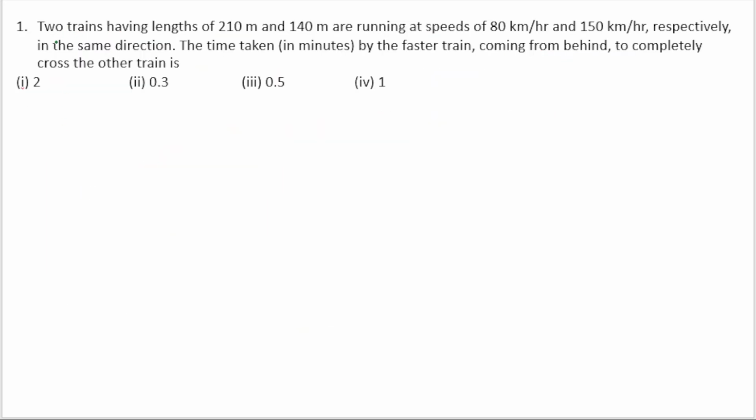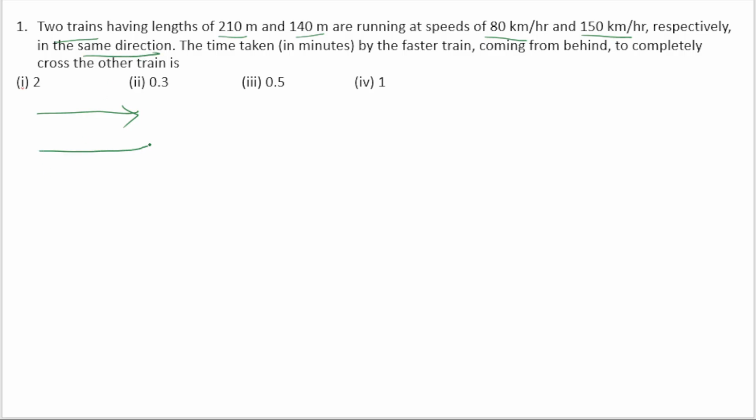First question: two trains having lengths 210 meters and 140 meters are running at speeds of 80 kilometers per hour and 150 kilometers per hour respectively. See, there are two trains traveling in the same direction.